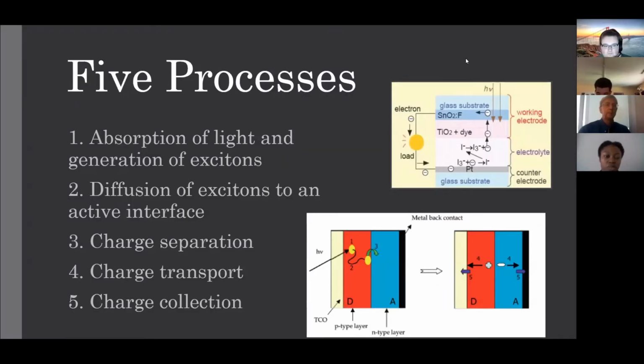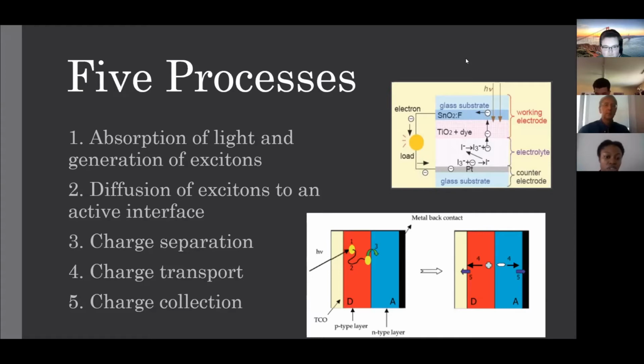Dye-sensitized solar cells are able to be formulated through a 5-step process, which includes the absorption of light, the photons, and by doing this into a sheet of titanium oxide, there's a generation of excitons, which are the energy from electrons and holes being formulated.